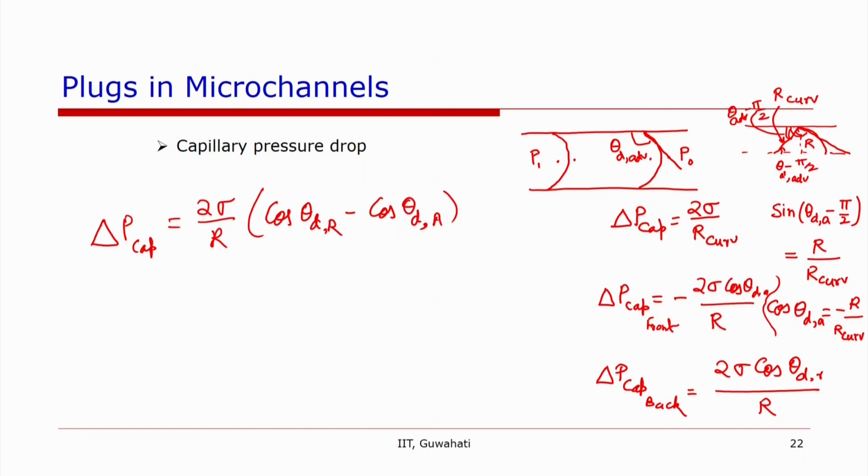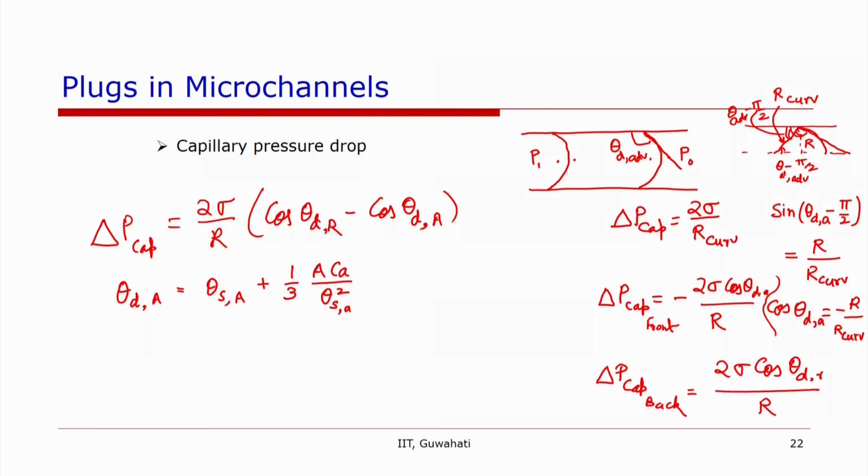Now we can recall what we had for theta dynamic for advancing, we had an expression that theta static advancing plus 1 by 3 a CA over theta SA squared.